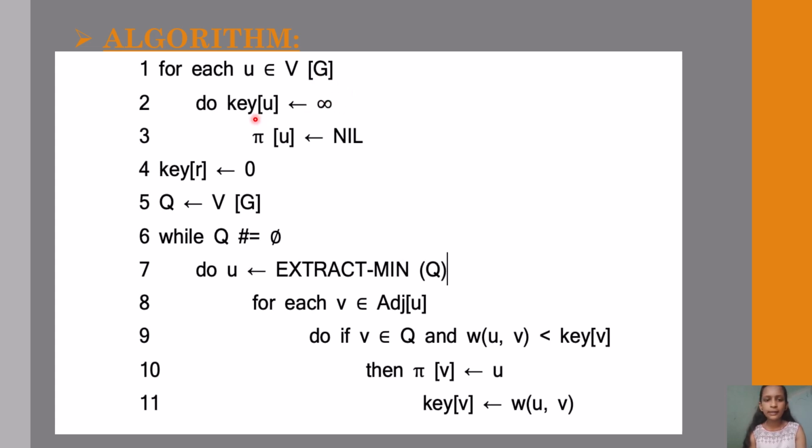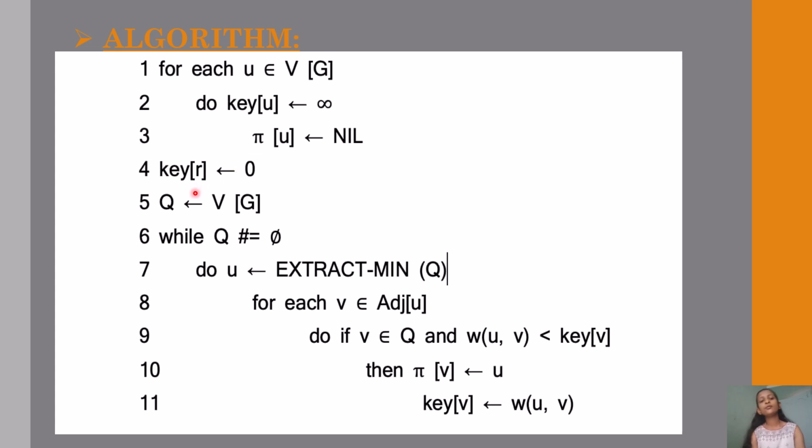Since it is the first element, it obviously has no parent, so the parent of u will also be set to nil. And for the minimum spanning tree, u is the first element, so the cost of the minimum spanning tree will also be 0.